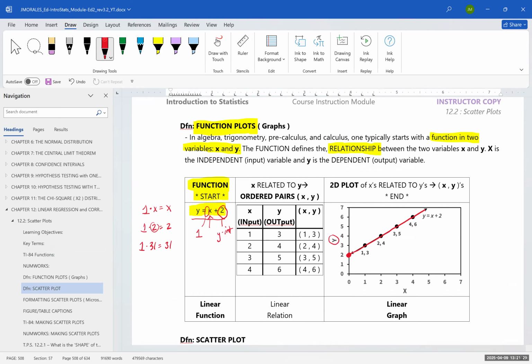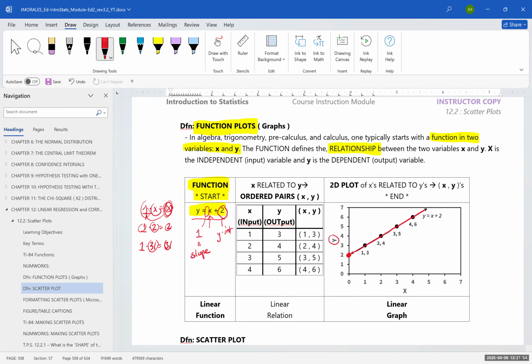So multiplying any number or variable by 1 doesn't change it. Instead of having just an x, we can think of this x as having a 1 in front of it, and we don't change the original value. And what that does is this tells us that we have a slope of 1 on this equation.